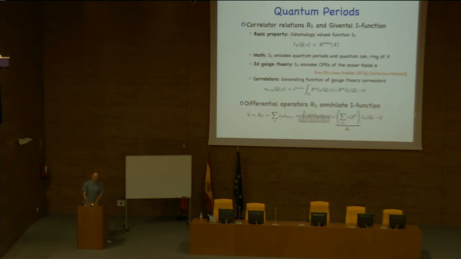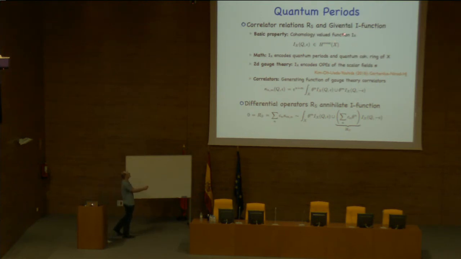But actually, this picture holds more generally, namely these correlator relations actually become differential operators describing quantum periods. It's not just for Calabi-Yaus, but also for other geometries. And this can be argued for by actually working out what these relations and these correlators actually mean geometrically. And I'll give you the result here.